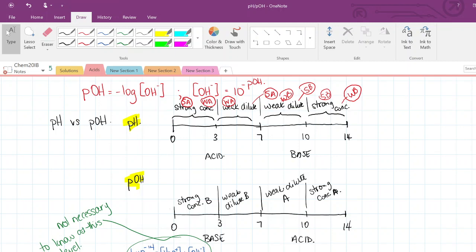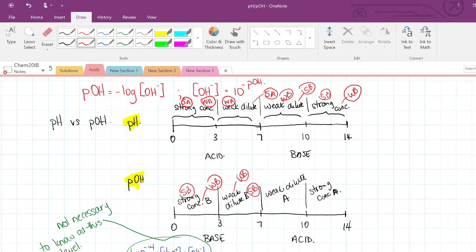And then the same thing goes here. If you've got a pOH of 0 to 3, this could be a strong base, or it could be a concentrated weak base. If we've got a pOH of 3 to 7, this could be a weak base or a diluted strong base.